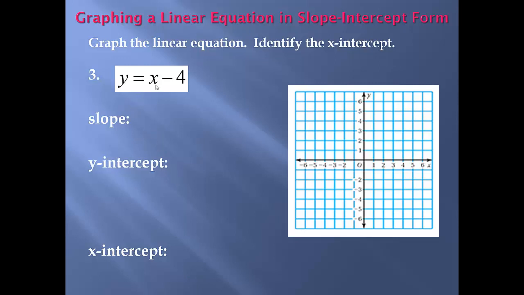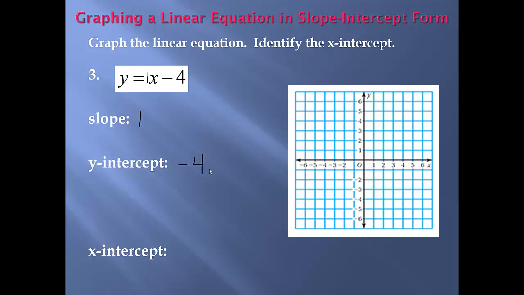The slope is the m, or it's the number in front of our x. We do not have a number in front of this x, so it would be a 1. So our slope is 1. And then our y-intercept is the plus b part of the equation. We have minus 4. We are subtracting 4, so that means that our y-intercept is negative 4.